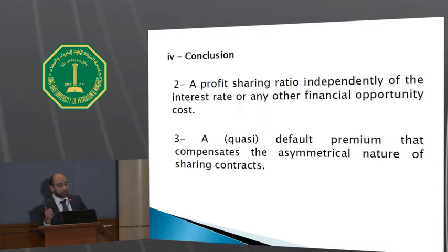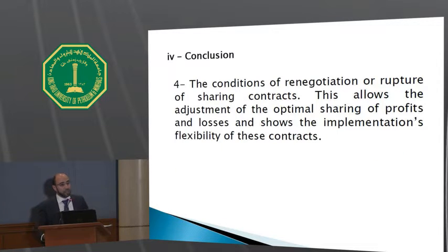We can calculate with this approach a quasi-default premium that compensates the asymmetrical nature of sharing contracts. In the fourth part, I discussed the conditions for renegotiating contracts, which show the flexibility of implementing this contract.